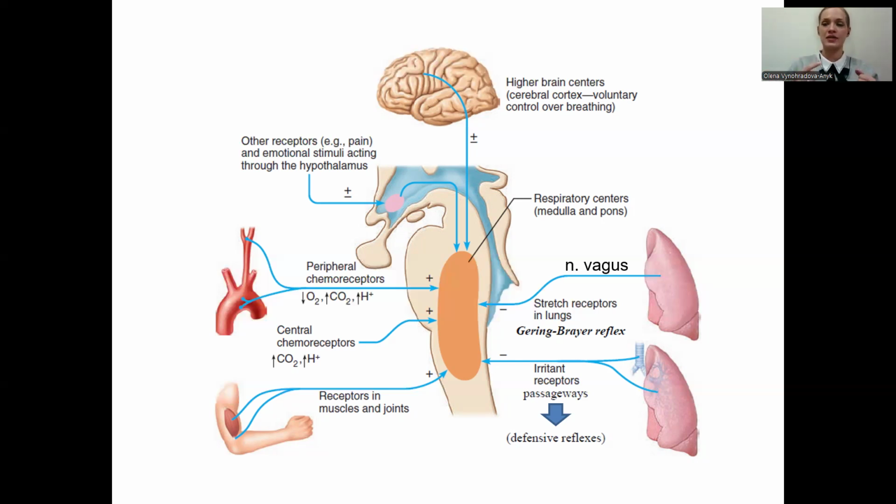How does it happen? We cannot control the respiratory center, but we can control our respiratory muscles. When we, for example, make a deep inhale or deep exhale, we can control it from our cortex, but we control only muscles.